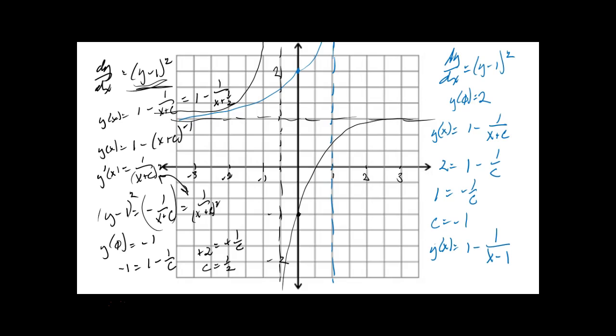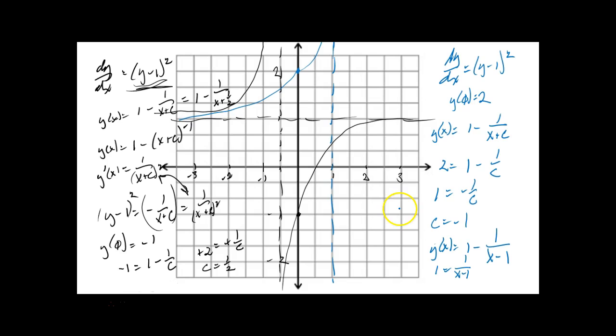Let's see. Well, yes, it may be, because we know that when y is equal to 0, somewhere here, and we didn't do this before, but let's try it. We get 1 is equal to 1 over x minus 1.